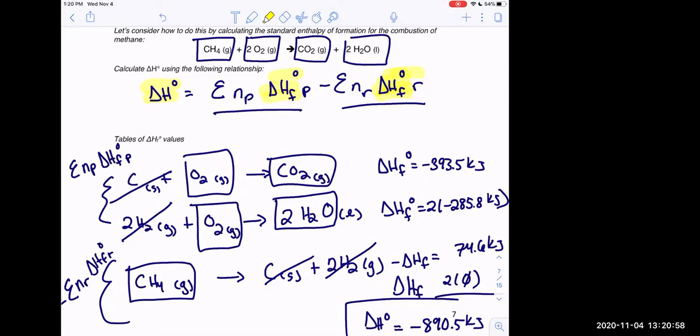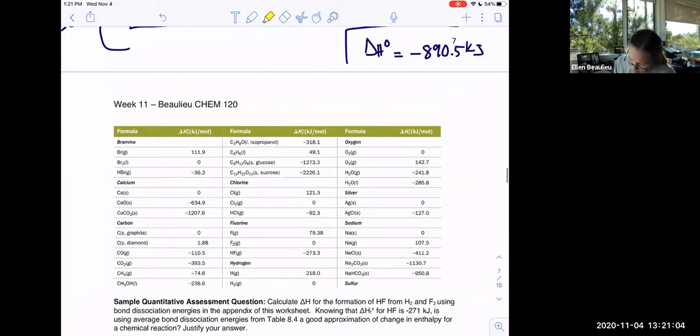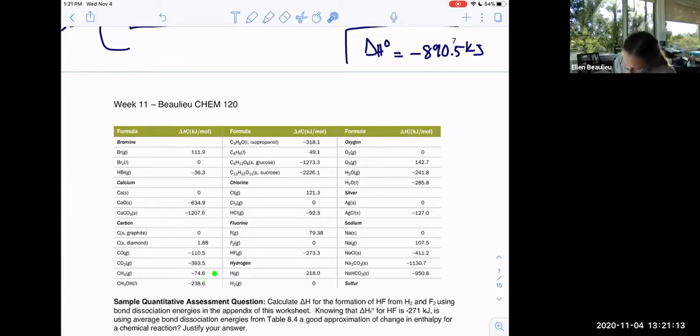Is it a plus? I thought we subtracted it. So we subtract a negative number. I thought we had to flip the sign. If you subtract a negative number, that's the same as adding a positive number.